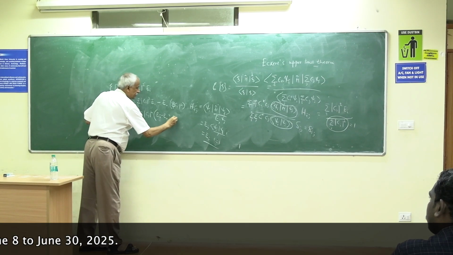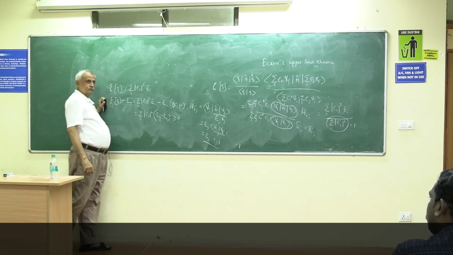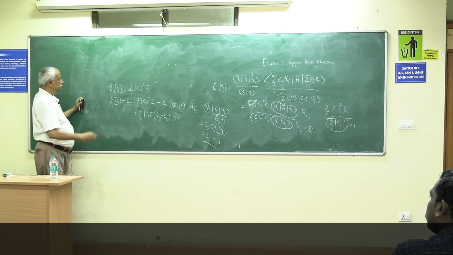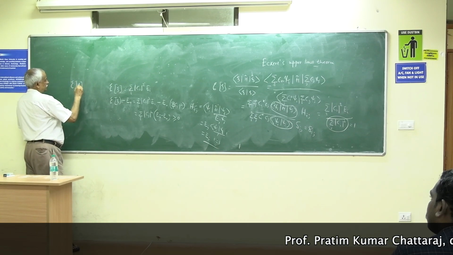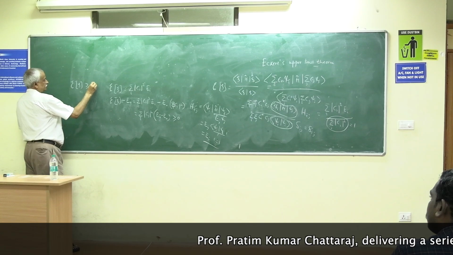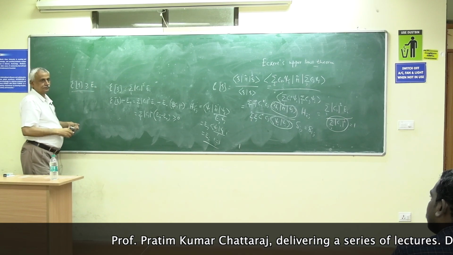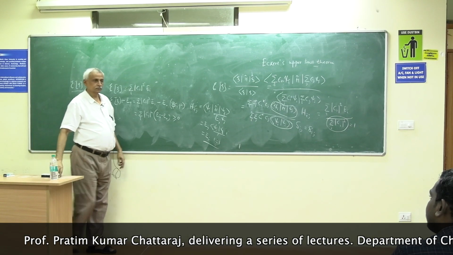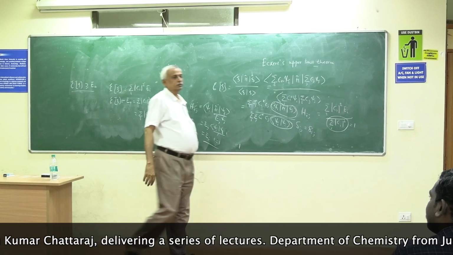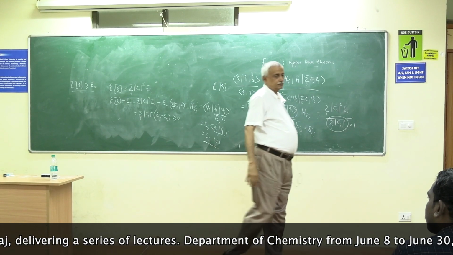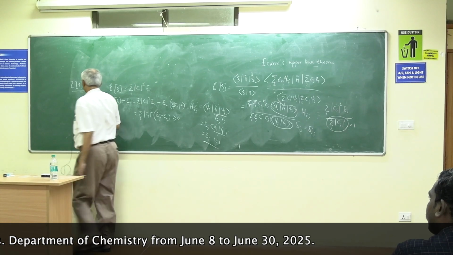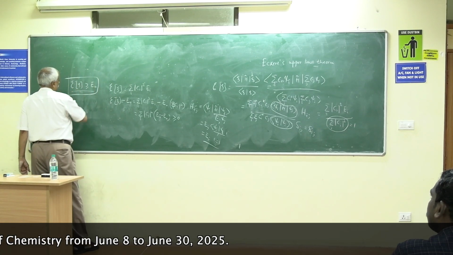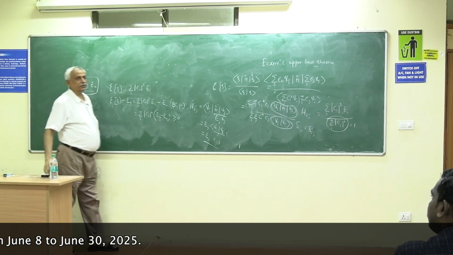So it must be greater than or equal to 0. So this is actually where your variational method comes from.